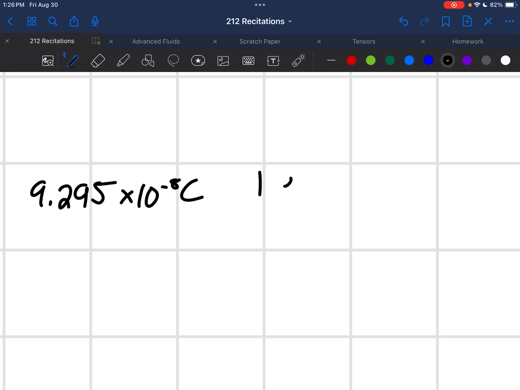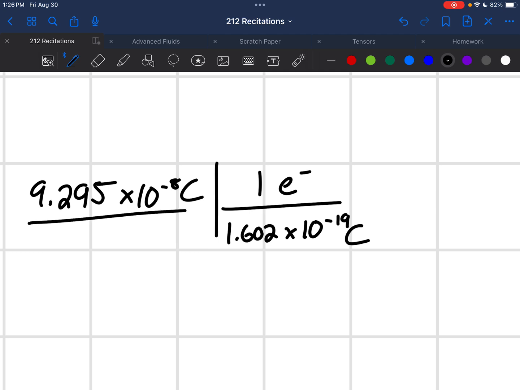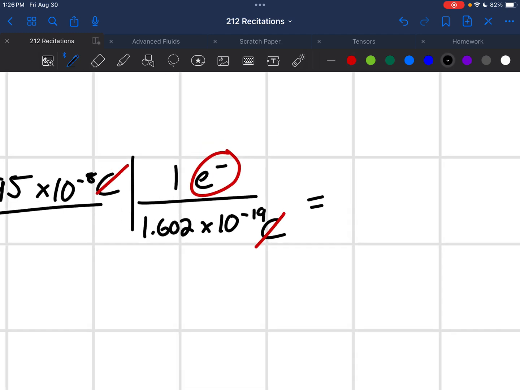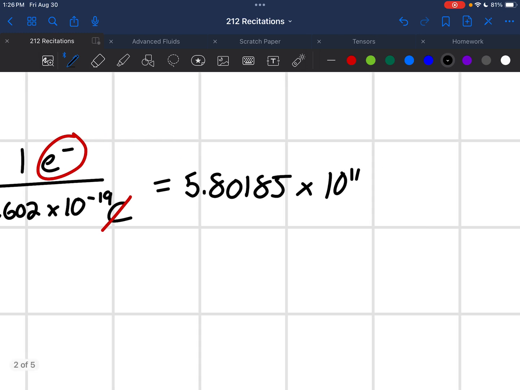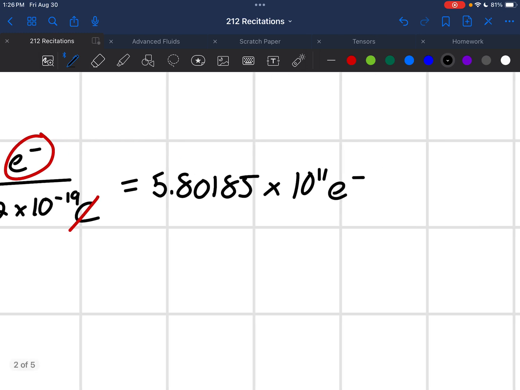Well, for every 1 electron, I know that it's 1.602 times 10 to the negative 19 coulombs. So my coulombs will cancel and I'll be left with my number of electrons. So this will come out to be 5.80185 times 10 to the 11 electrons.